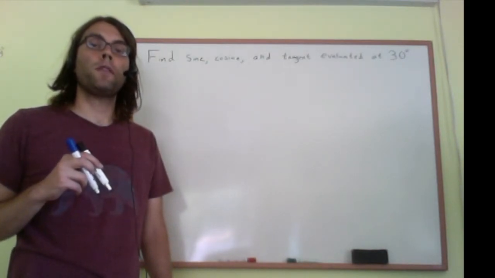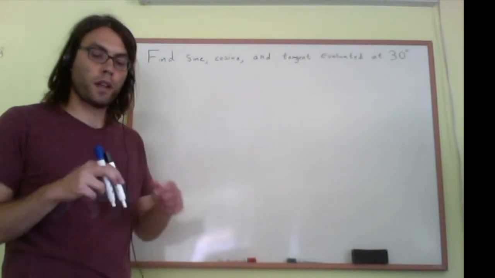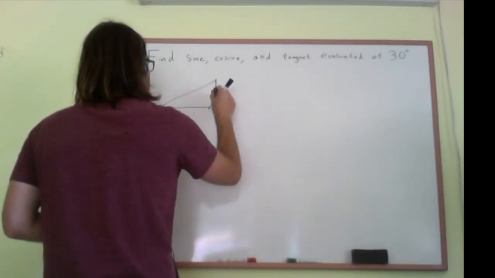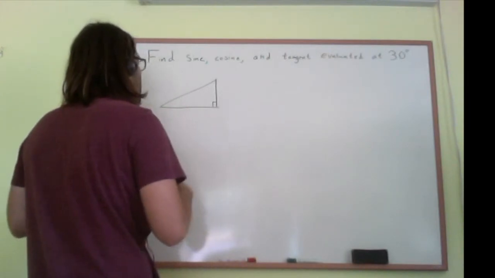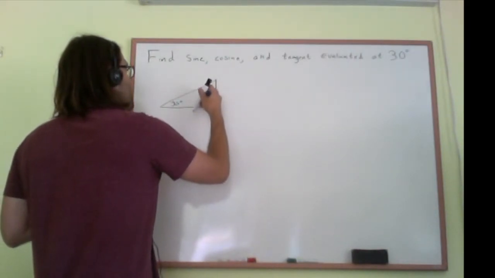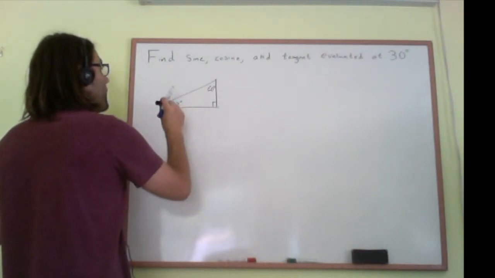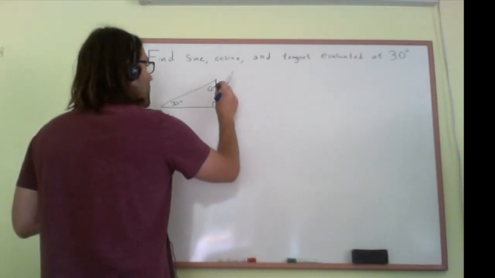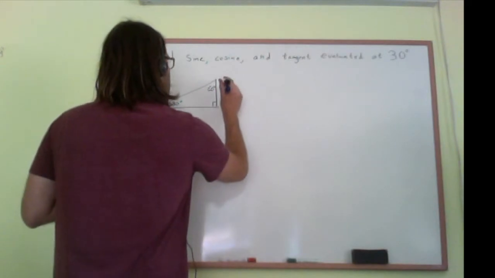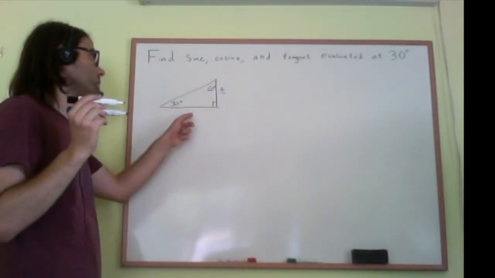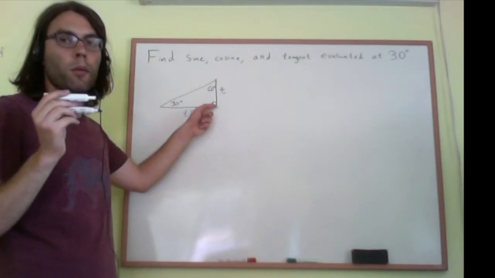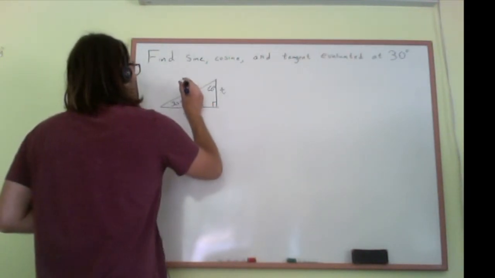If you watched my video on 30, 60, 90 special right triangles, you would know that on a 30, 60, 90 right triangle, say this is 30 here, and this is 60, then the side opposite 30, if it has length t, then the side opposite 60 would have length t root 3, and the side opposite 90, which is the hypotenuse, would have length 2t.